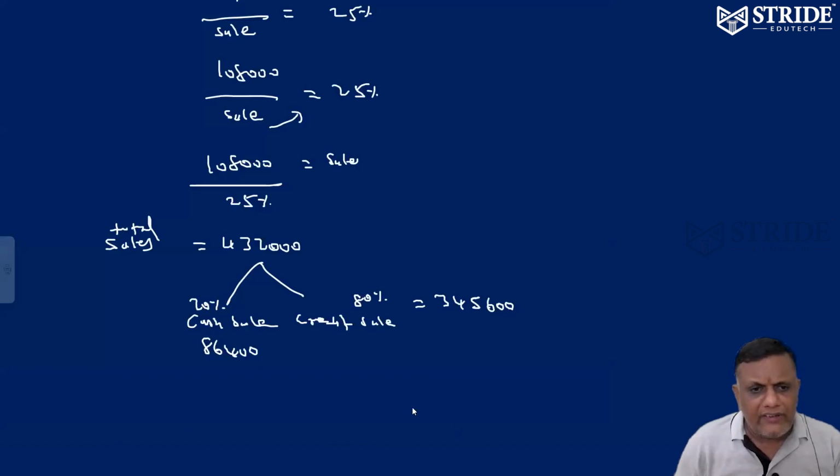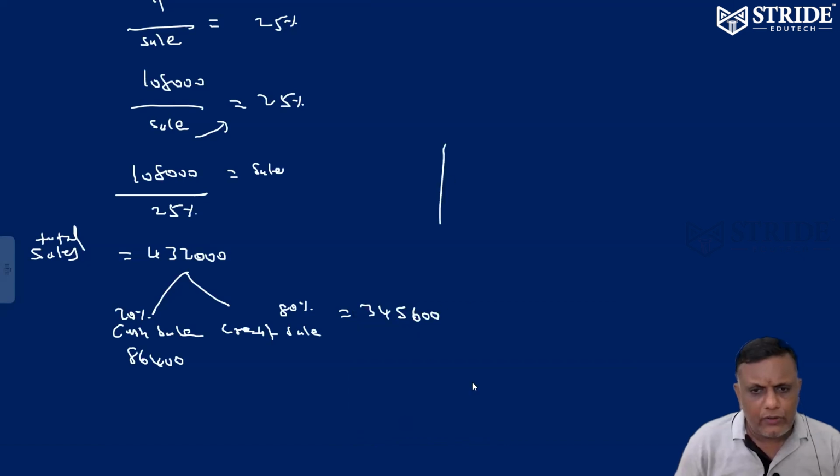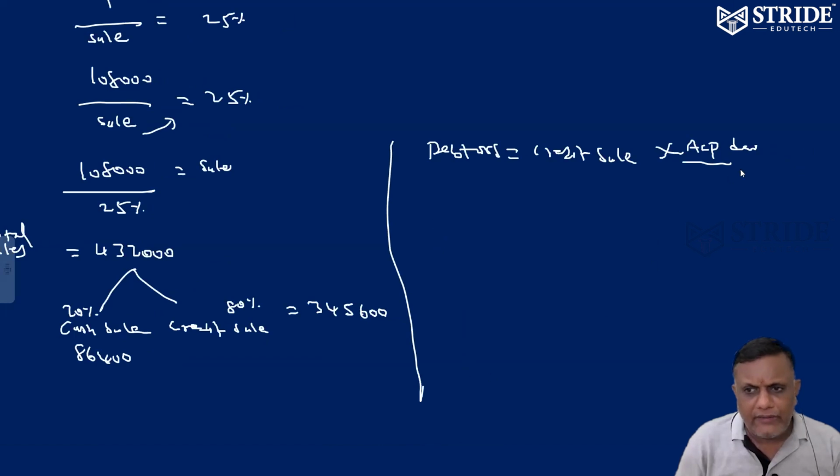Is there any shortcut to find debtors? Yes, this is the shortcut I told you earlier. Please memorize: debtors is equivalent to credit sale into average collection period in terms of days, by 360. Please memorize. Average collection period in terms of days by 360.